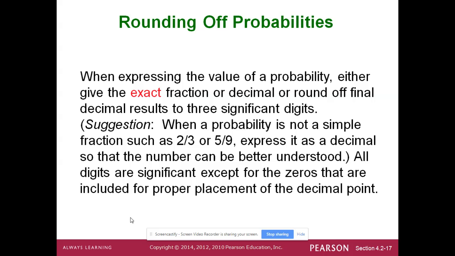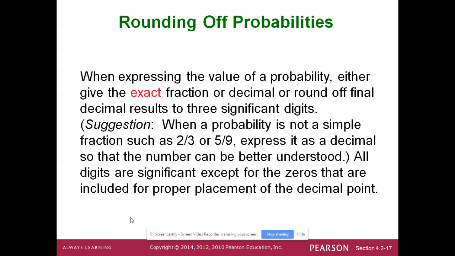All right, rounding off. So, rounding rules for probability. I don't like these rules, but they're there and we need to follow them. Significant digits. It's clear as mud sometimes when we talk about significant digits.